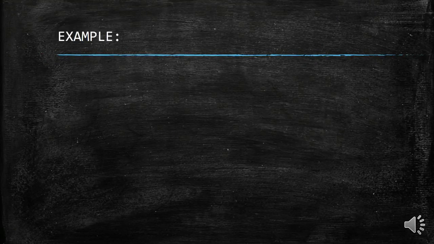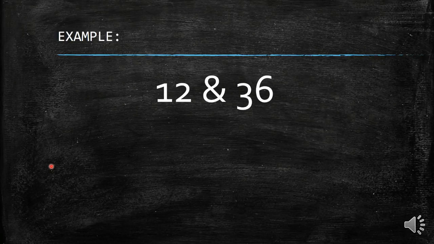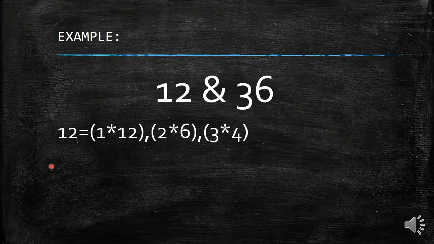So, for example, let's find the greatest common factor of these two numbers, 12 and 36. First, let's find out the factors of 12. So, we have 1 times 12, 2 times 6, and 3 times 4. So let's proceed to 36.